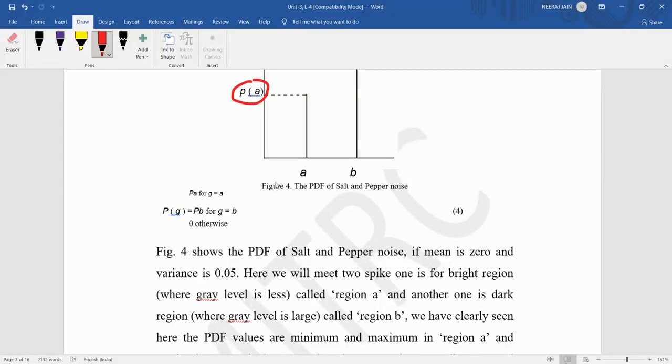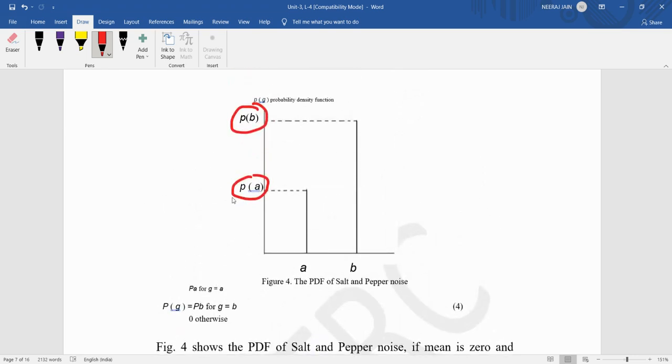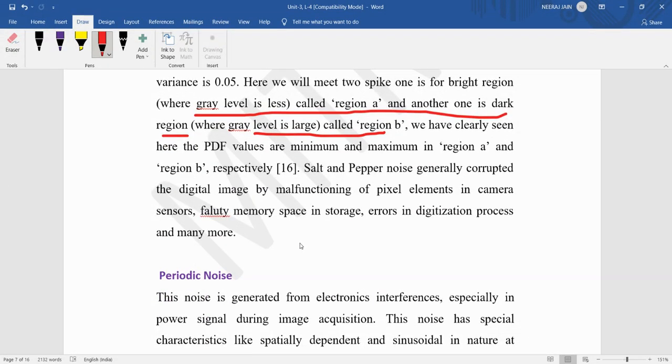Generally, in salt and pepper noise we observe two PDFs, one for the gray level indicated by region A, and another one for the dark region where the gray level is large, called region B, while in region A the gray level is less. In this way we can see its PDF.